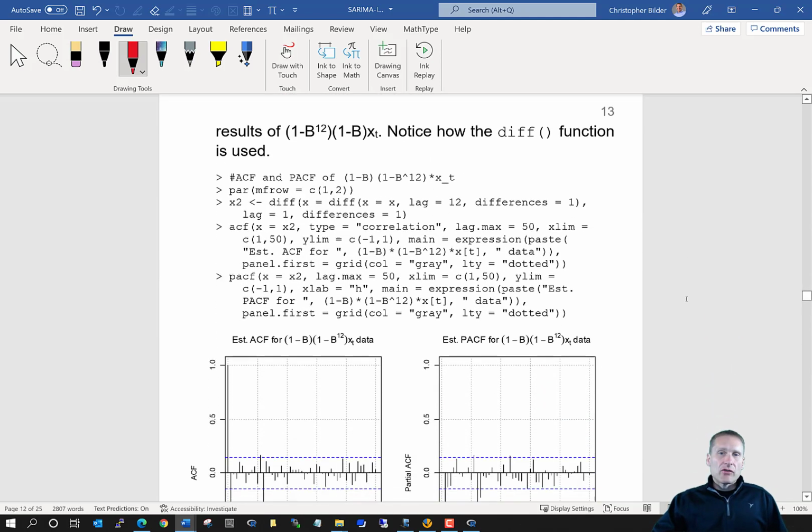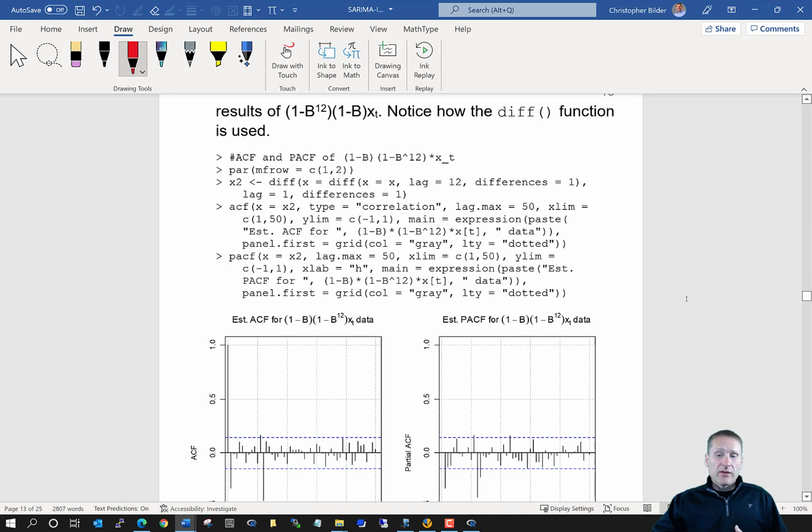So now let's do the differencing with respect to the seasonality component. To do this kind of differencing, I use the diff function once again. My data is in X. Now I'm going to put lag 12 there, and that tells R I want X of t minus X of t minus 12.